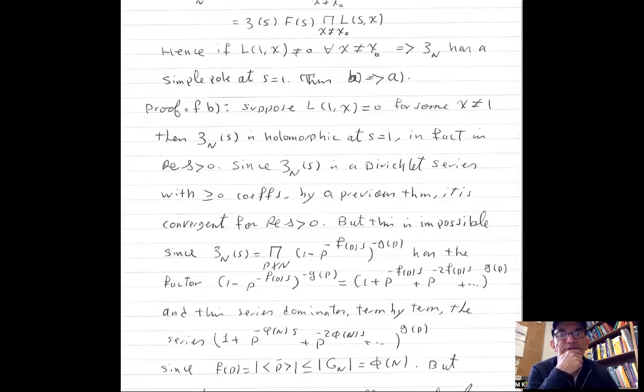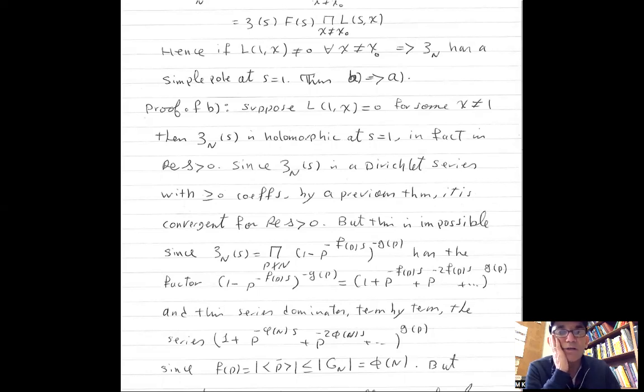So the previous function, using the decompositions, we can write it as L of s and chi 0, and then L of s and chi 0 can be written as zeta of s times f of s. We have seen that before. So Riemann's zeta function appears in the product.